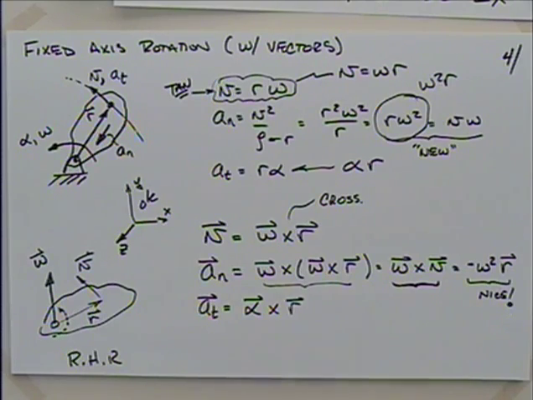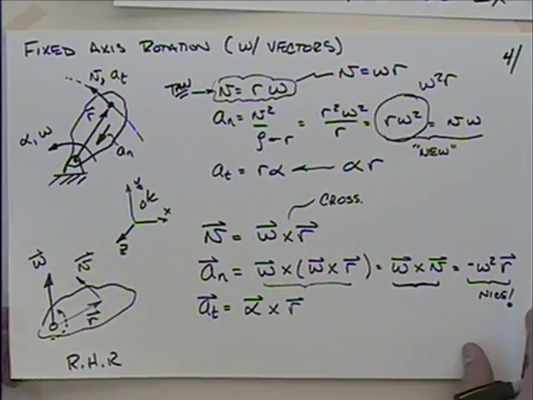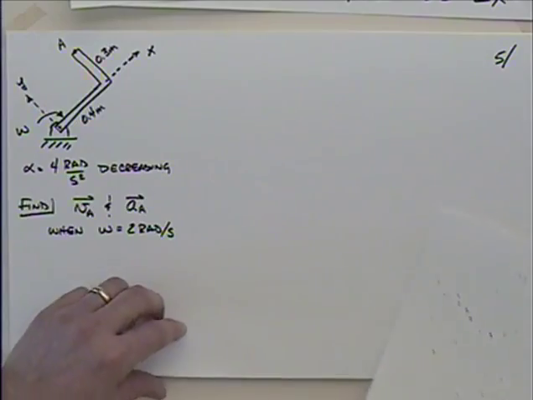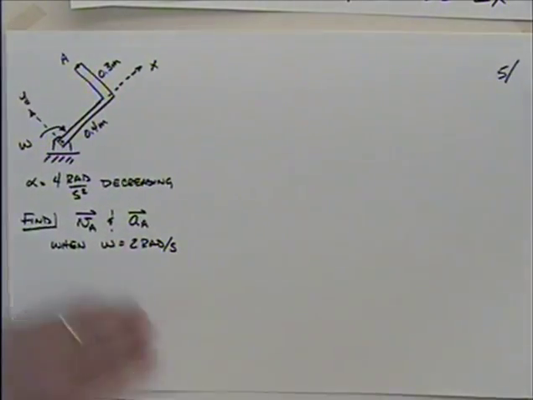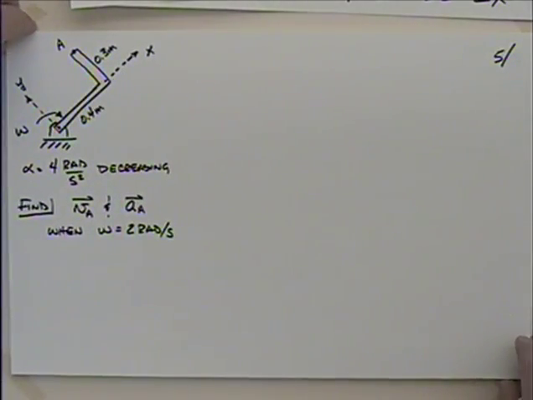So trying to relate some of the stuff, v squared over rho and whatnot, that we've seen and used in the past to some of this new work, what I'd like to do is maybe try this in a problem then. So let's say that we have a problem like this.